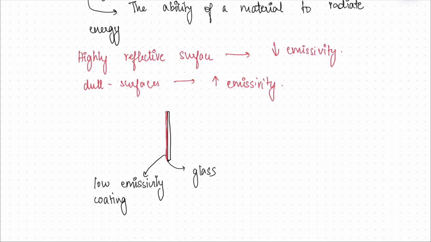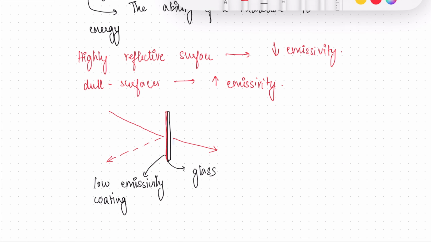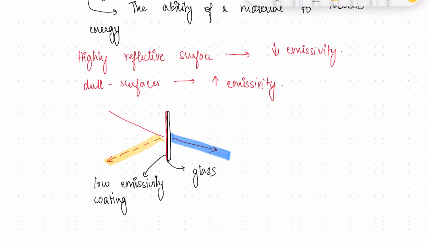So what will happen when the solar radiation hits? A lot of light passes through it, but the heat is radiated or reflected back. Light passes through, and heat is reflected back. So that's why they coat your glasses with low emissivity coating.